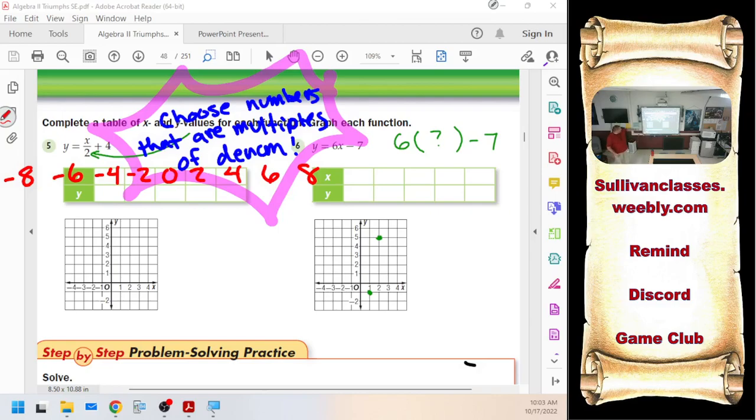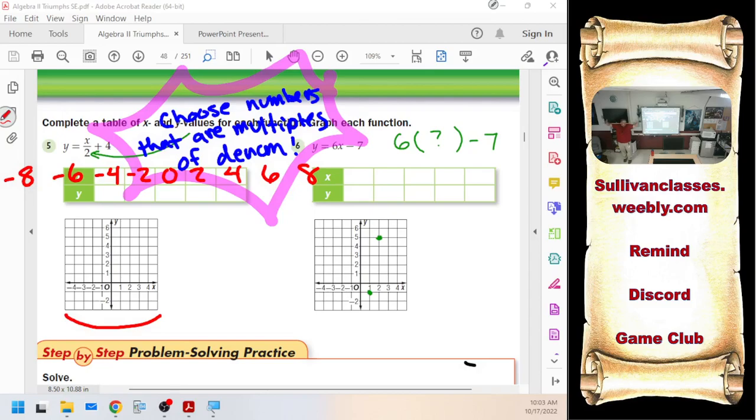Okay? Now I wrote -8 to 8. Y'all look at the graph. How big does the graph go on its x's? Does it go out to -8 and 8? Doesn't make sense to use those then, does it? Does it go out to -6 and 6? No, it goes out to -5 and 5. Now, maybe you could go one box off road.